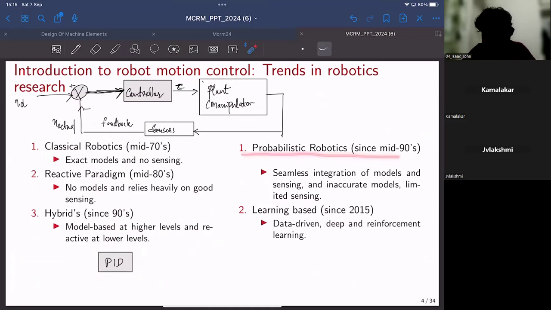And then during the mid-90s, we have these probabilistic robots, where it becomes a seamless integration of models and sensing. This came after the realization that the models are always going to be inaccurate, because no matter how accurate our measurement capabilities are, there are always going to be some uncertainties in estimating the model parameters.